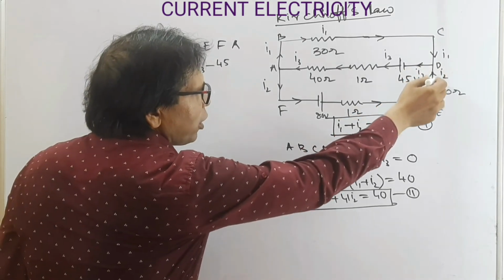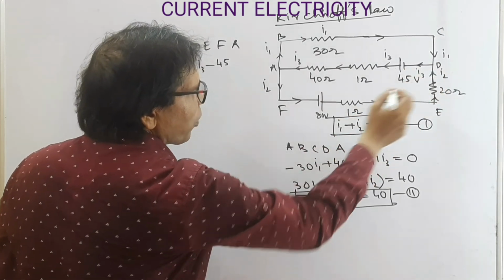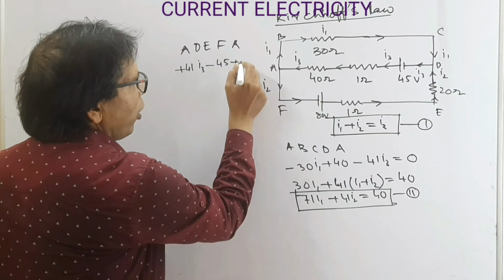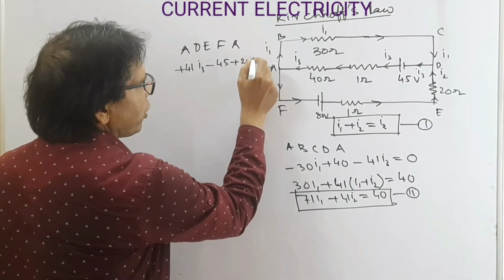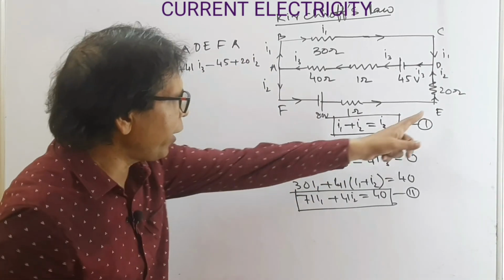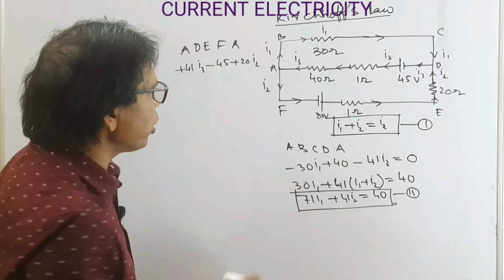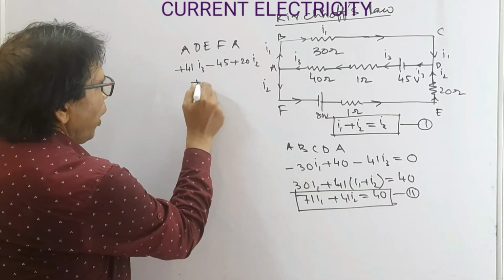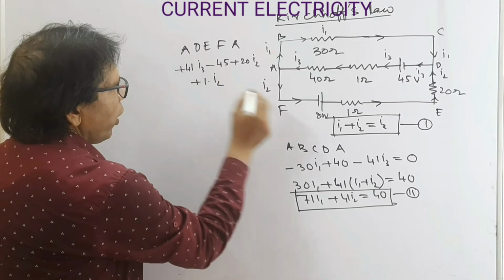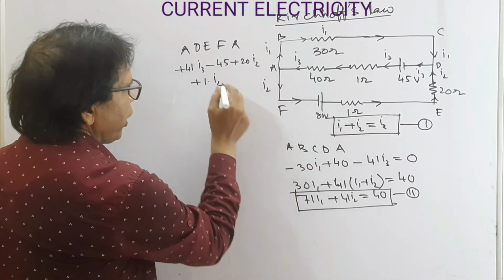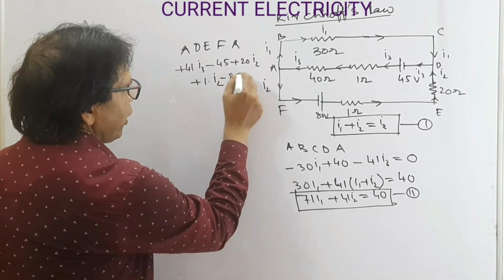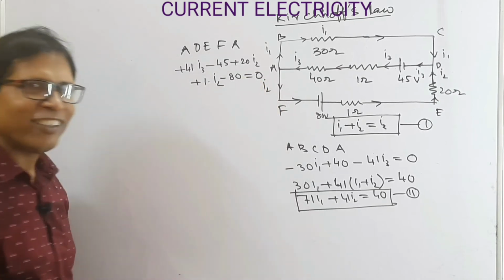Now this is also opposite to the direction of current, so this is plus 20 into I2, and again this is opposite to the direction of current, so this is plus 1 into I2, and this is positive to negative, so this is minus 80, this is equal to 0.